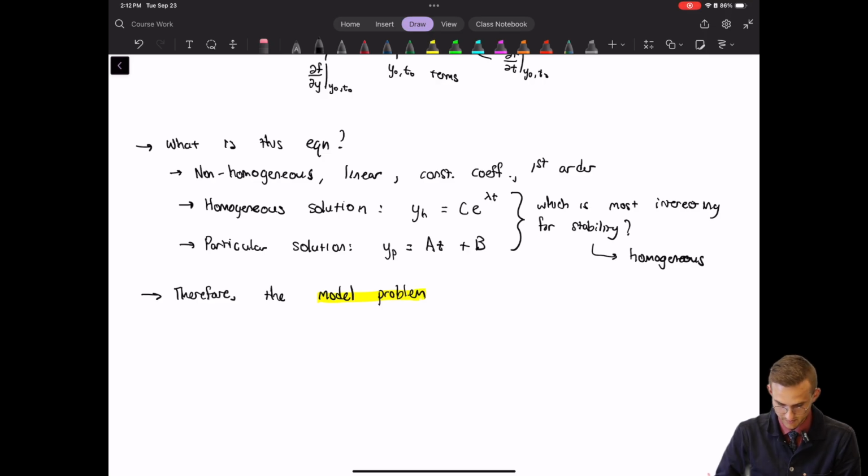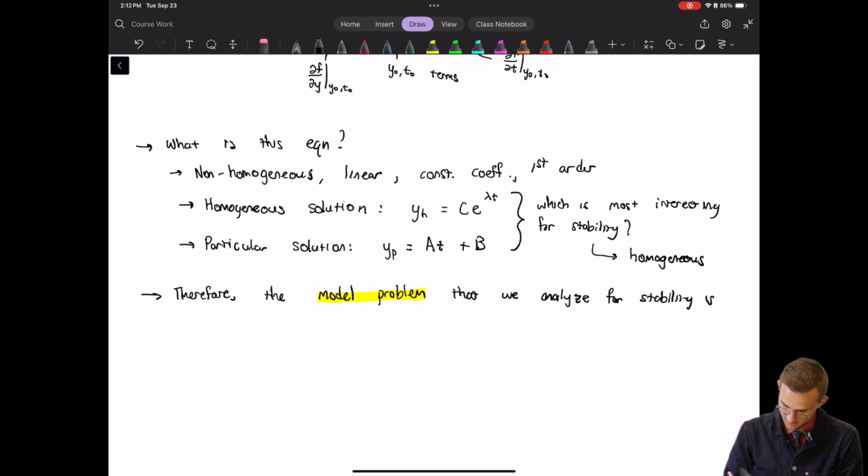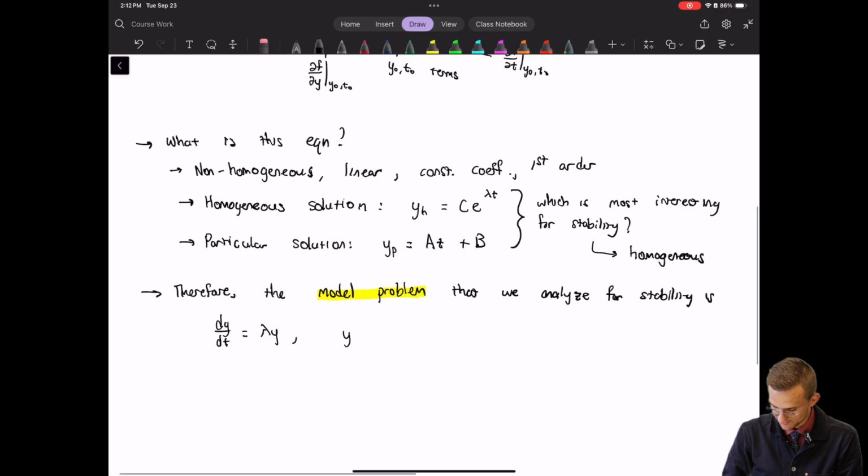So the model problem that we analyze for stability is dy/dt is equal to lambda y, where we know that the solution y of t is going to be y naught times e to the lambda t, right?